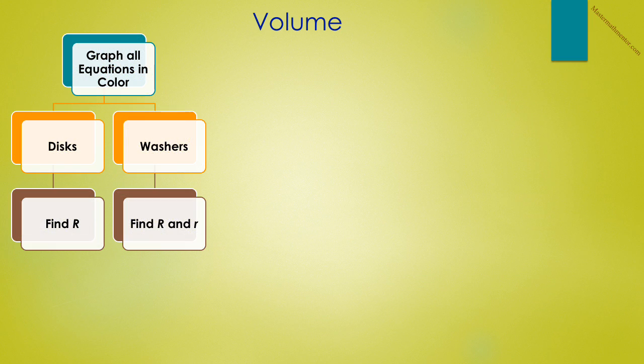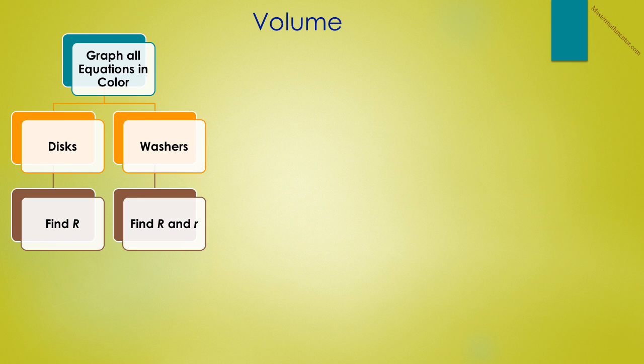The disk and washer formulas are easy enough to use. However, there are decisions that have to be made in order to determine the component parts of these formulas. Here is a surefire way to help you make those decisions. First, draw the graphs in colors, a different color for each equation.